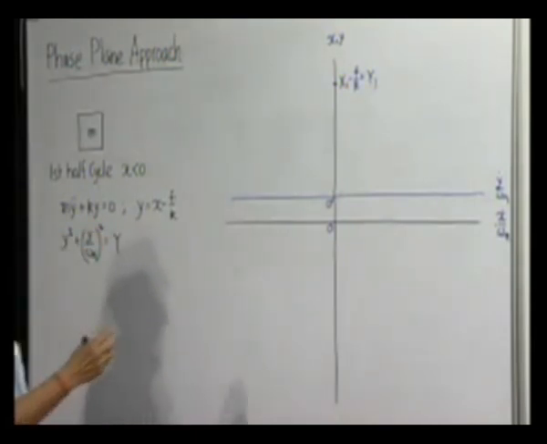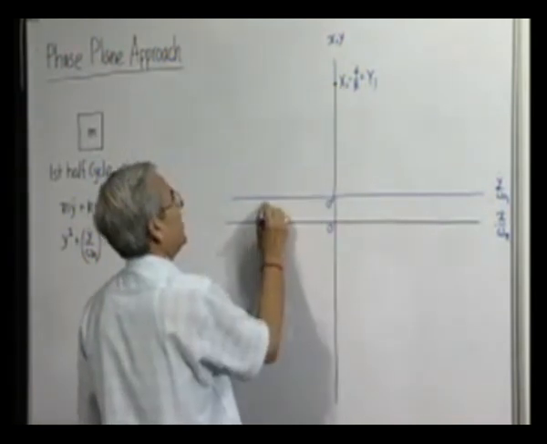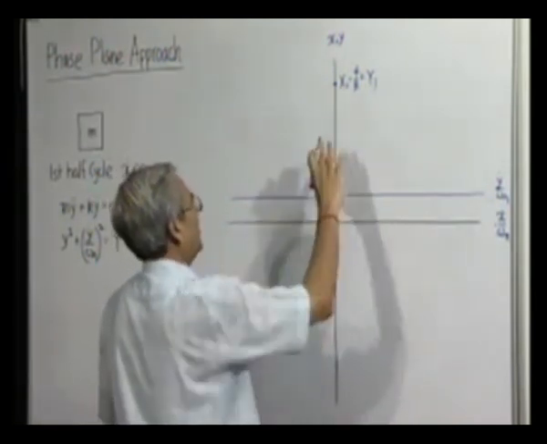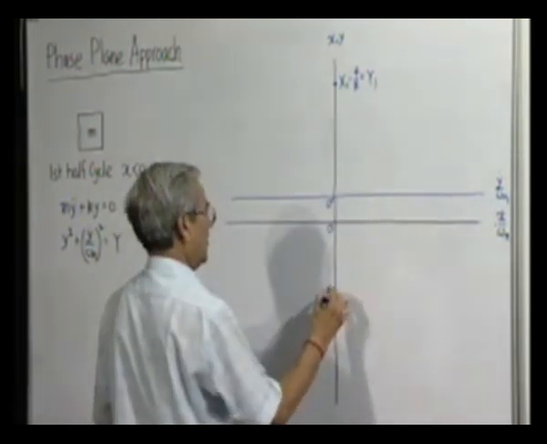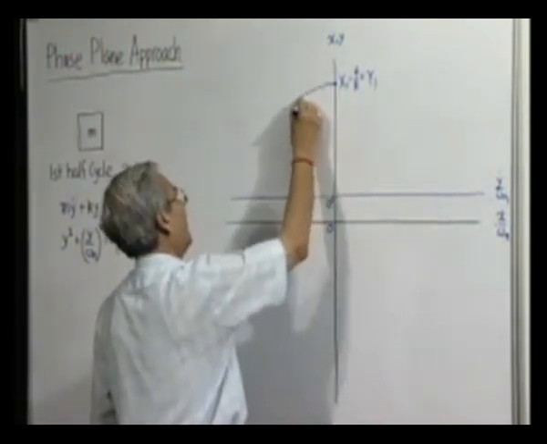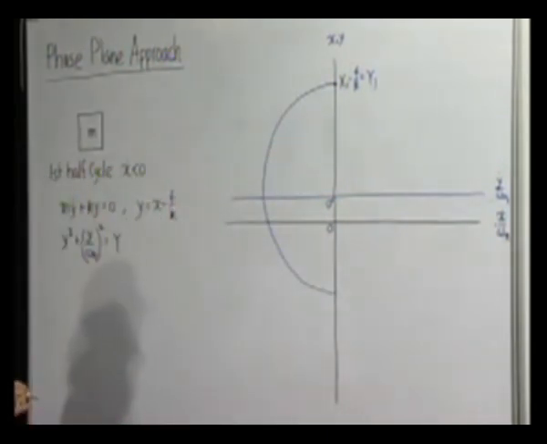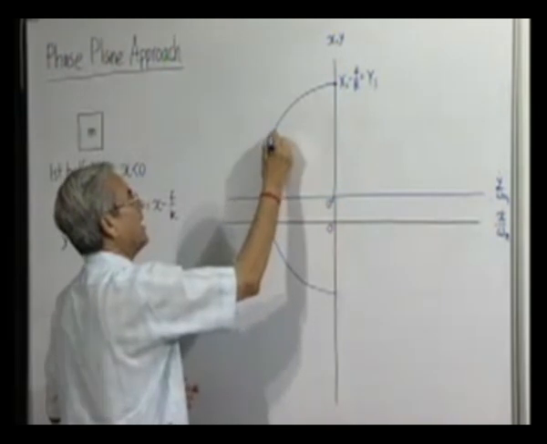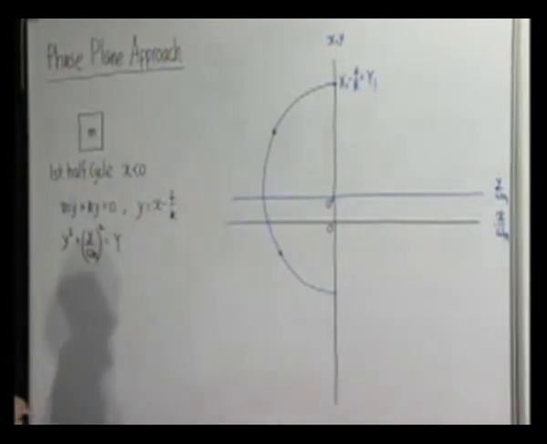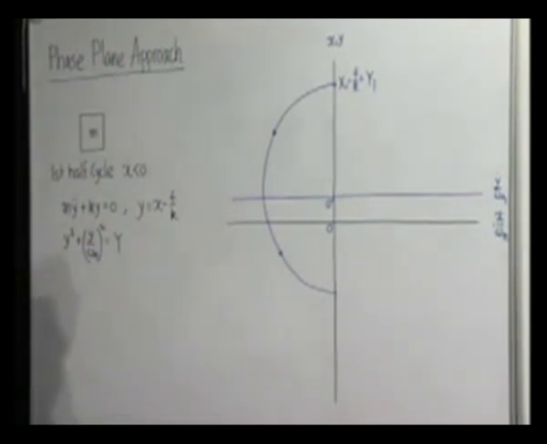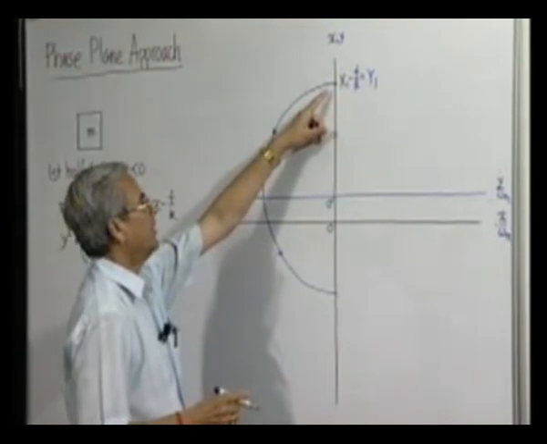If that be so, then in the first half cycle, it will describe a semicircle coming here with O prime as the center and this as the starting point.